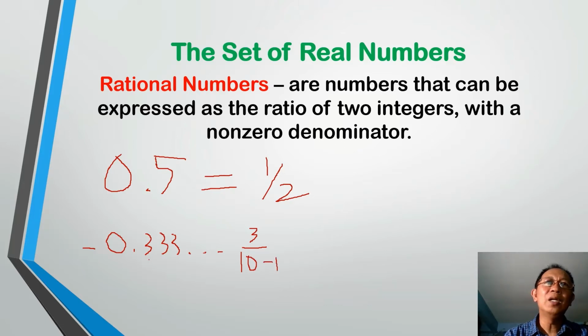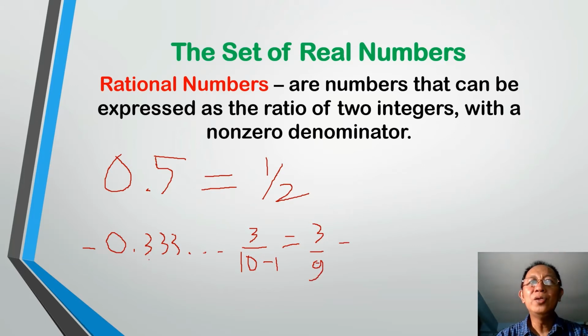If only one digit is repeating; if two digits, 100 minus 1; if three, 1,000 minus 1. So this is equal to 3/9. 3/9 reduced to lowest terms is equal to 1/3.